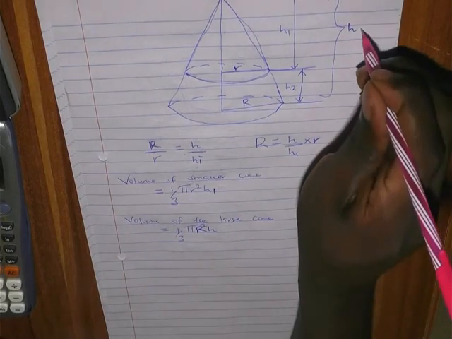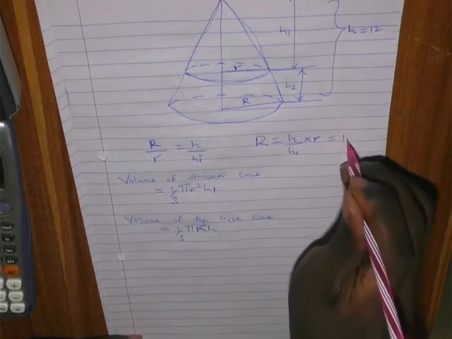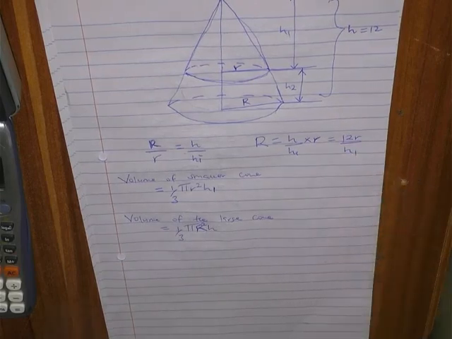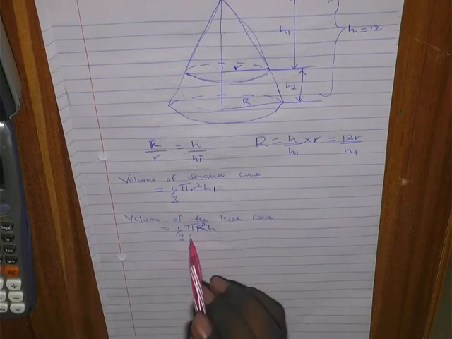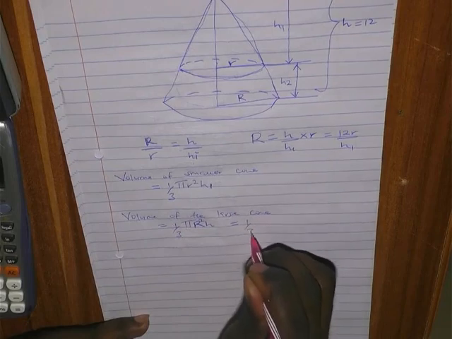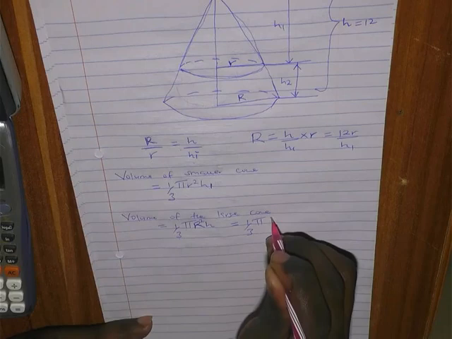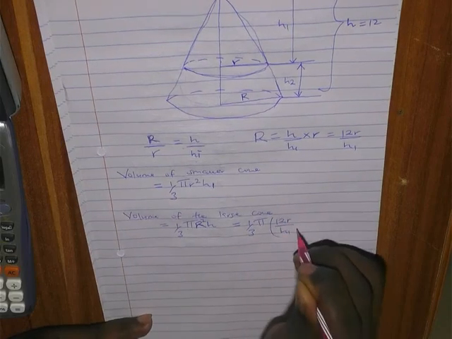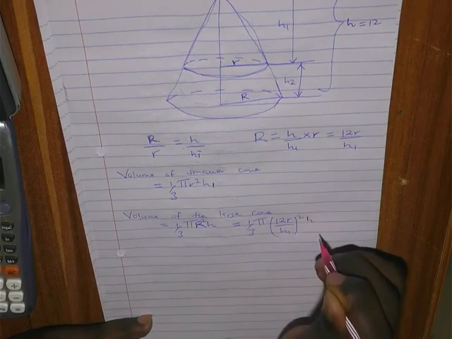So R is given by 12r all over h1. So that's the value of R. So we'll come here and fix it in. So we are going to have 1 over 3 pi, let's put the R now, which is 12r all over h1 squared h, okay?